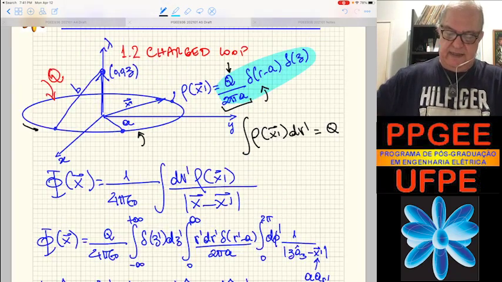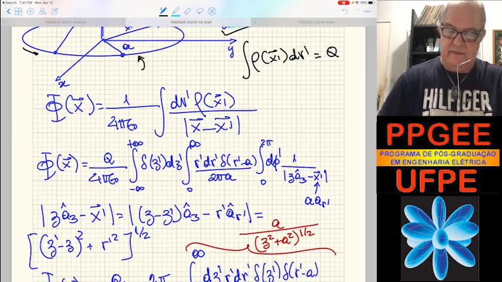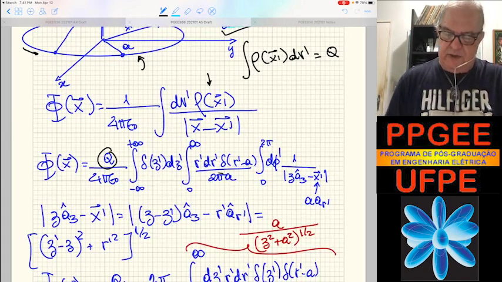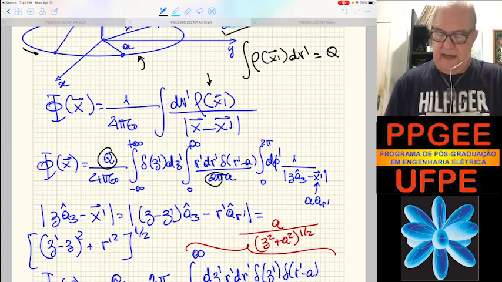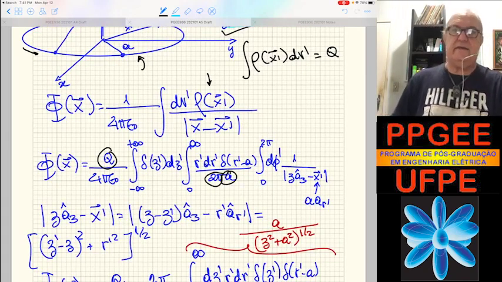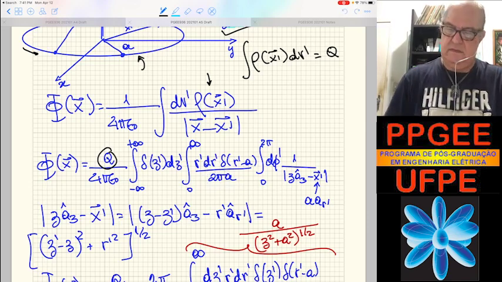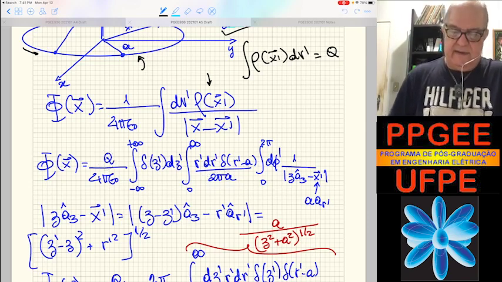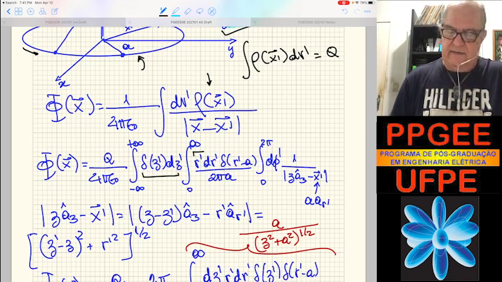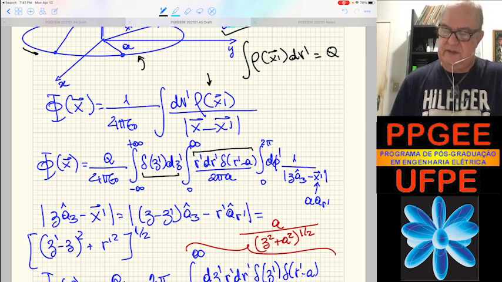So let's plug in the density, right? So I have Q divided by 2 pi. I already put the a here, right? 2 pi a. The z integration is here. This is the r part of the integration, and the phi part of the integration.